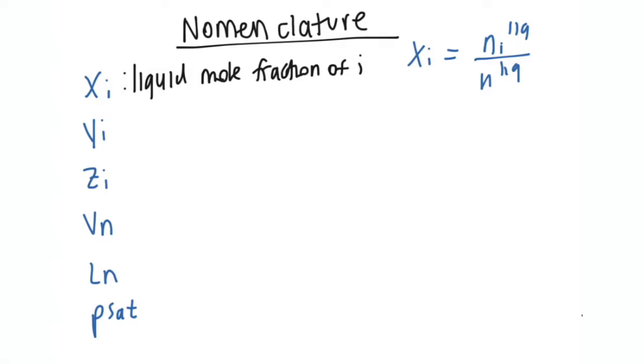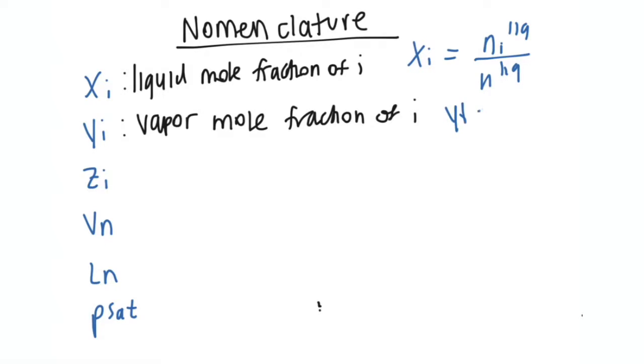The same thing goes for Y subscript i. Well, this time I'm talking about the vapor mole fraction of i. So it's the same idea. y_i is equal to n_i vapor over n vapor.